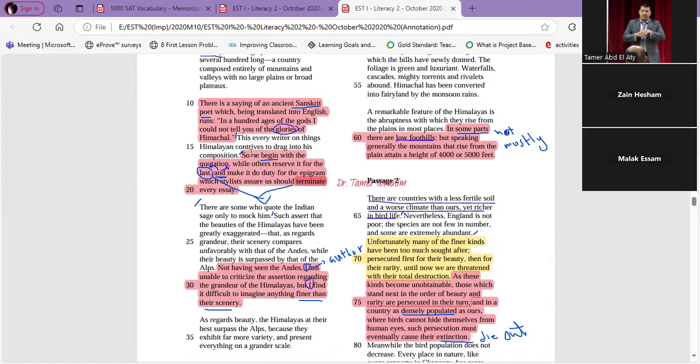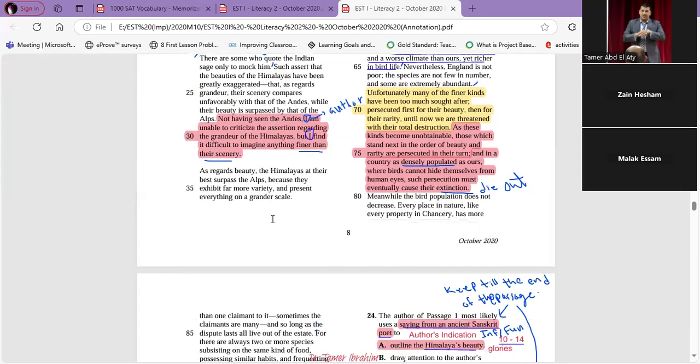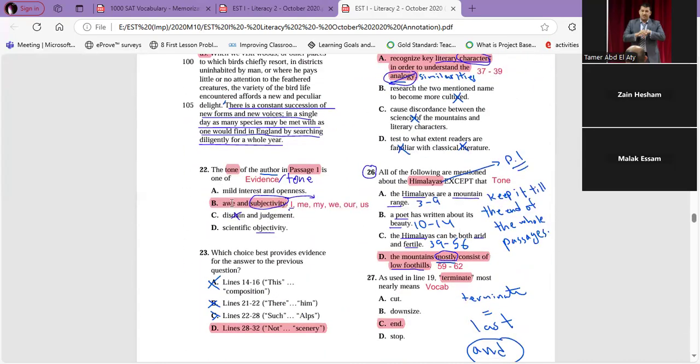Some begin with the quotation, while others reserve it for the last, and make it do duty for the epigram which stylists assure us should terminate every saying. There are some who quote the Indian sage only to mock him. Okay, let's find. Mild interest? No. And subjectivity? Again, no. Disdain? He said mock him.